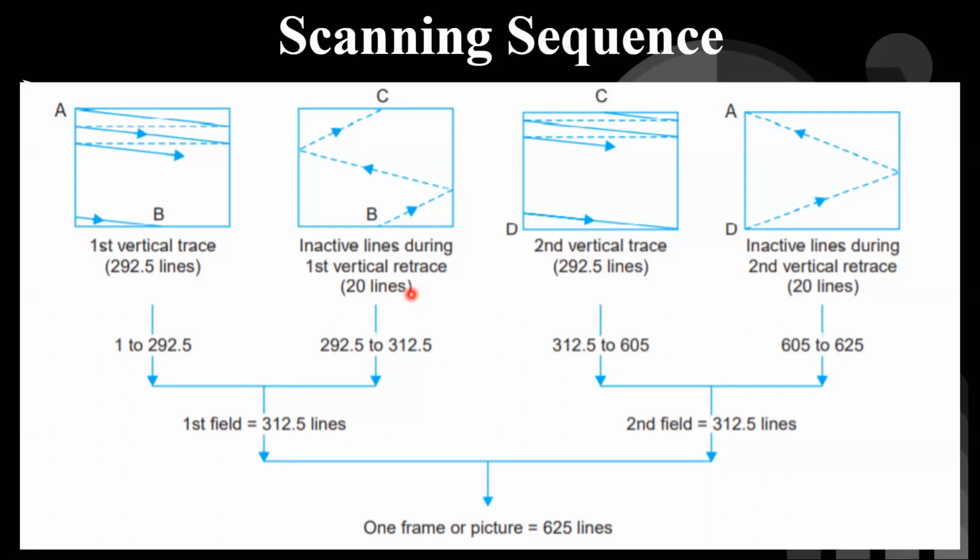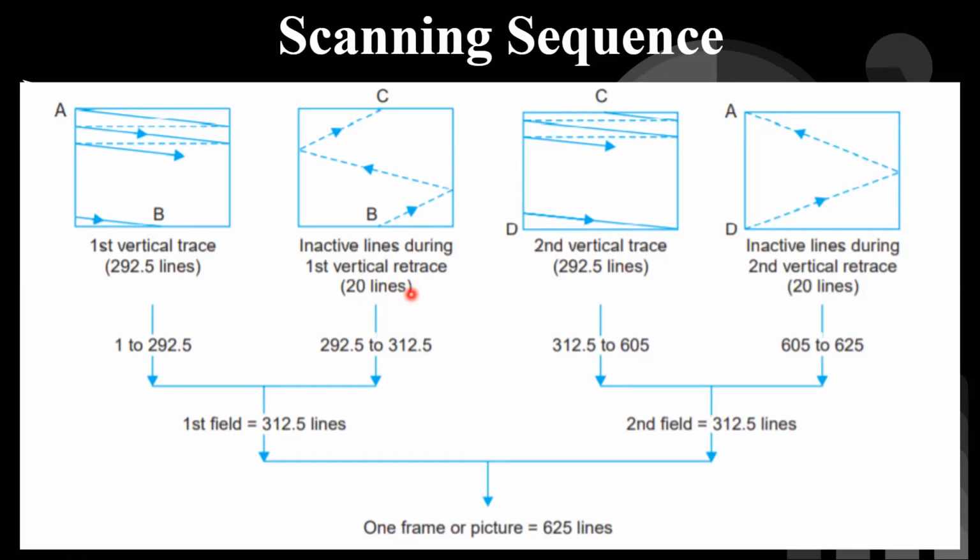So in the first field, during the first vertical trace, 292.5 lines are left for this one. 292.5 lines are left for the first trace, and 20 lines are left for the retrace.